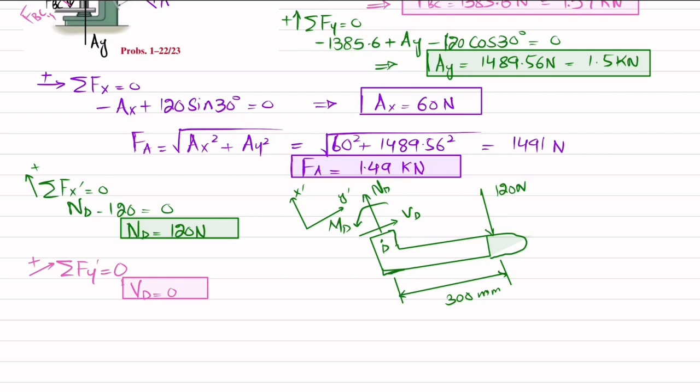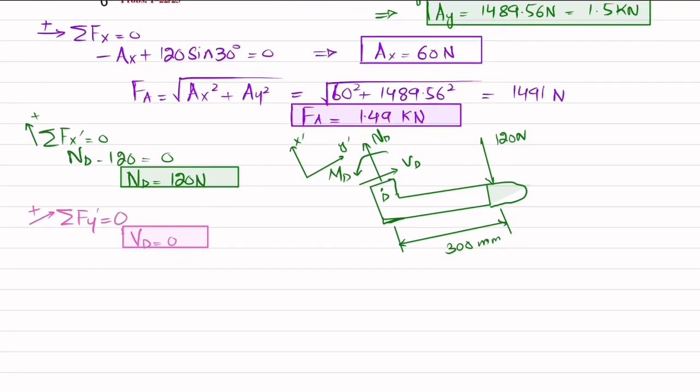Okay, we will find this moment MD by using the equation of equilibrium that the sum of all moments about point D is equal to 0, taking the counterclockwise moment as positive. So about this point D, one moment is this MD, which is counterclockwise, so it will be positive. The second moment at point D will be due to this 120, and the perpendicular distance is this one, which in meters is 0.3, and this is producing a clockwise moment, so it will be negative.